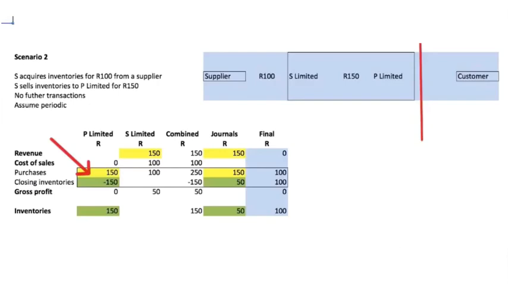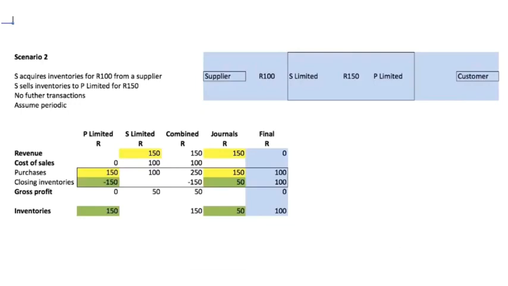Those inventories therefore need to be transferred using closing inventories through to inventories in the statement of financial position at the cost of those inventories to the parent, being 150 rand. As a result, P Limited has no cost of sales, has no gross profit. The subsidiary, however, is reflecting a gross profit of 50 rand, being the inventory sold to the parent for 150 that they acquired from the supplier for 100 rand.